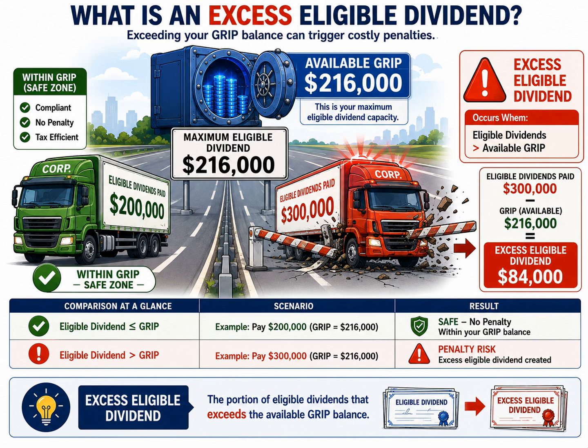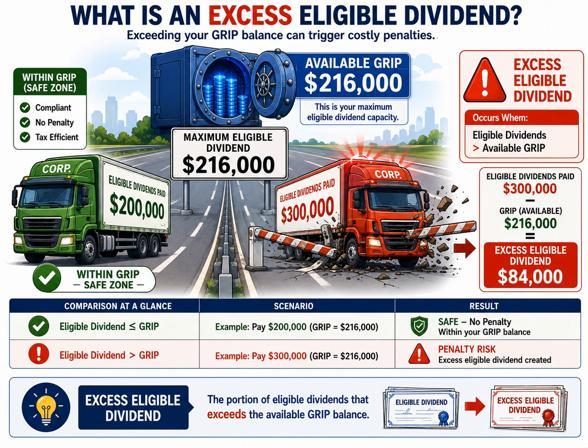If eligible dividends are less than or equal to GRIP, the corporation remains in the safe zone. No excess exists and no penalty concerns arise. However, if eligible dividends exceed GRIP, an excess eligible dividend is created and the corporation becomes exposed to penalty tax.